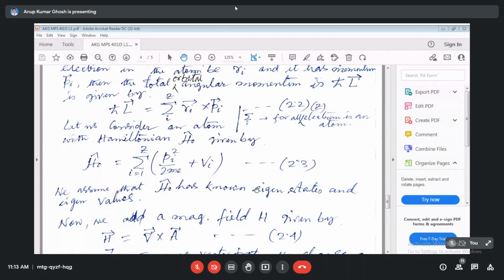Now let us consider an atom with Hamiltonian H0, which is not influenced, not perturbed.